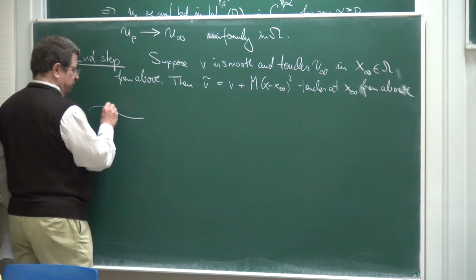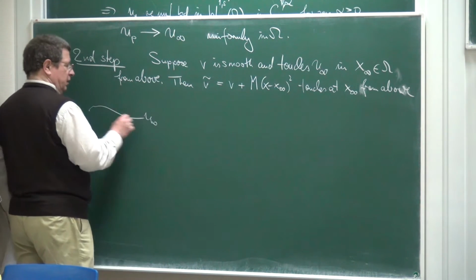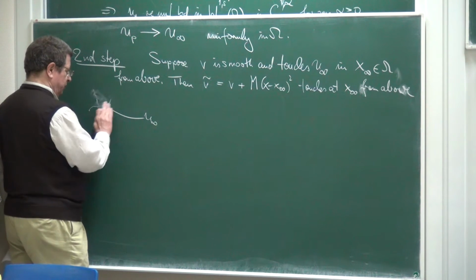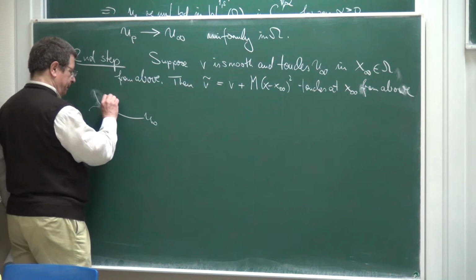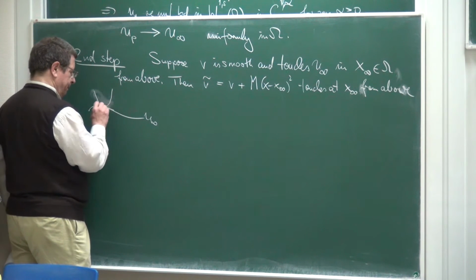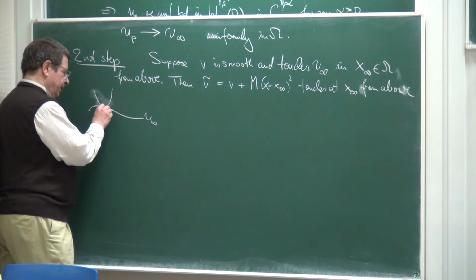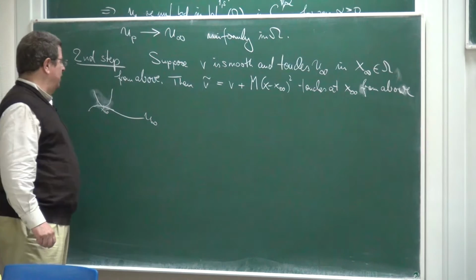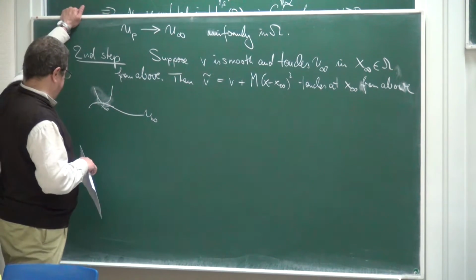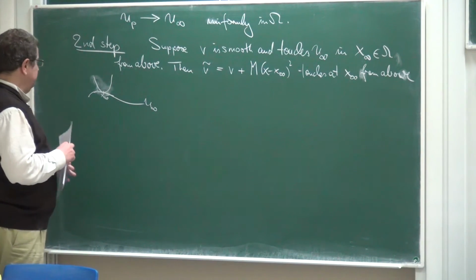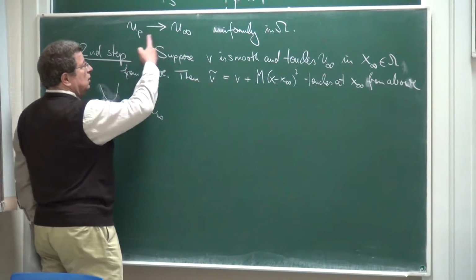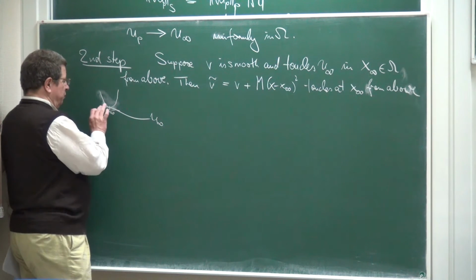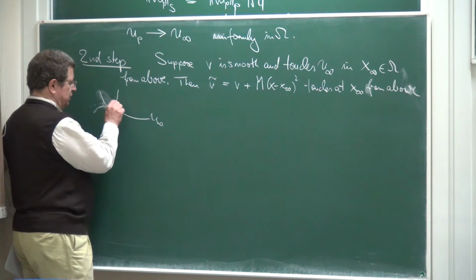So here I have a function u_infinity. Here I have a function v that touches from above in some point x_infinity. And the v tilde is a genuine parabola, above a genuine parabola. Now the function u_p converges uniformly to u_infinity, so u_p will be in some epsilon neighborhood here.